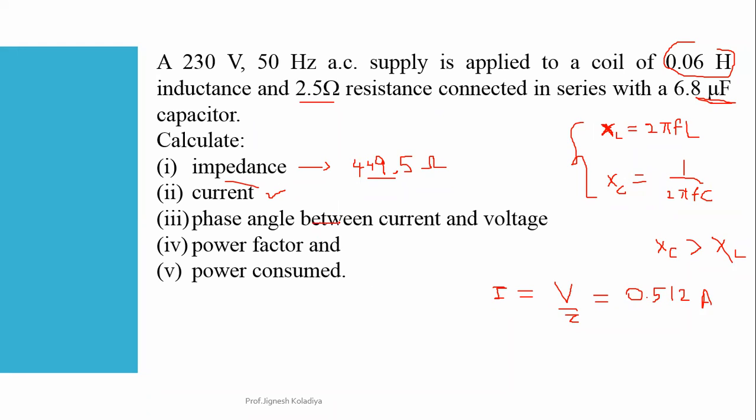Then next is the phase angle between current and voltage. Now give me the answer of this third one. What can I write inside the bracket? Phi is equal to tan inverse, what can I write on the numerator and denominator?